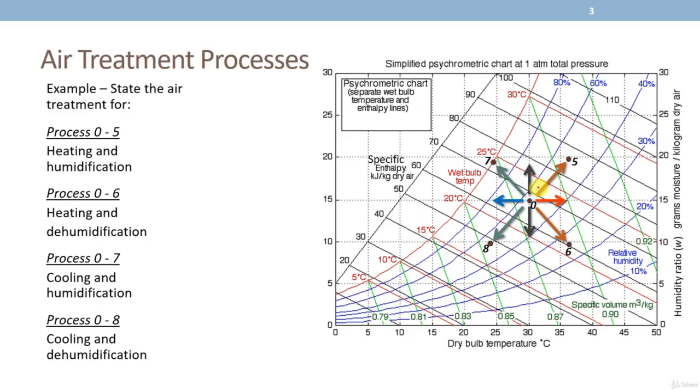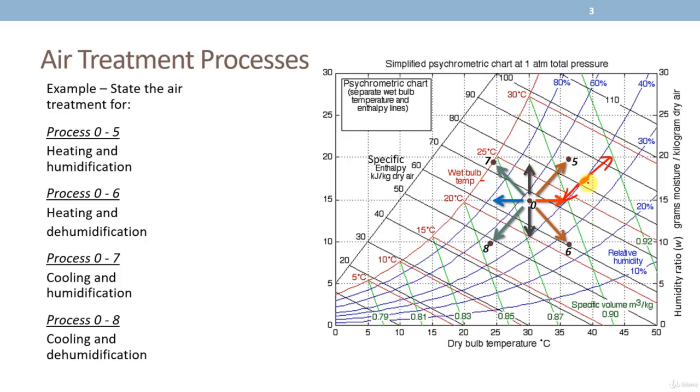So most of the time in air handling systems, the air will move in either 0 to 5 or 0 to 8. That means it's either moving to the right and upwards or moving down and leftwards. So in a tropical climate, for example, when the weather is very hot, the normal temperature outside is like 32-33 degrees Celsius, and usually it's also more humid.